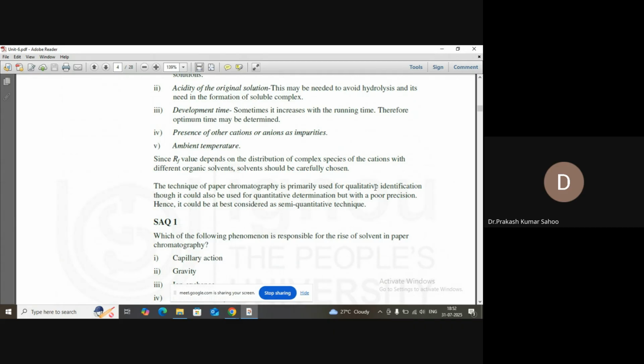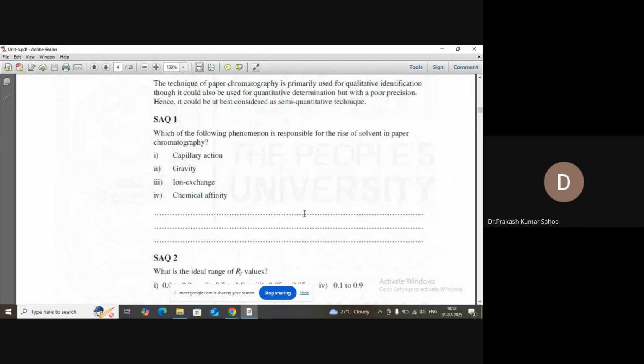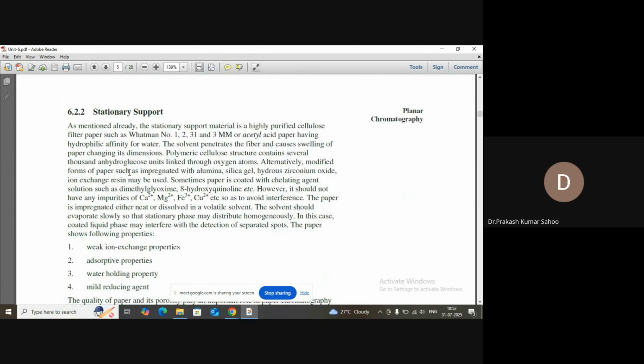Whether you are trying to separate a complex ion or a simple ion or a covalent molecule or an organic molecule with some specific applications, accordingly you should choose your solvent. Then it is your stationary support, that is the paper we have. So the paper may be Whatman 1, 31 or 3, or acetylated paper having hydrophilic affinity for water.